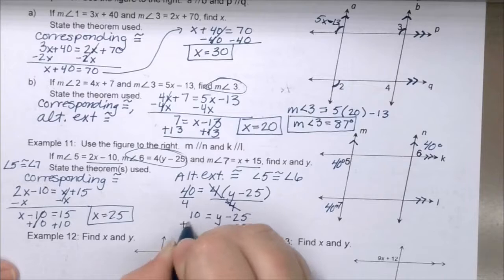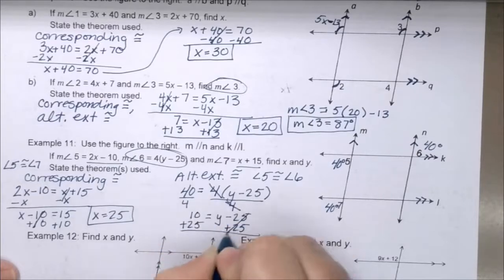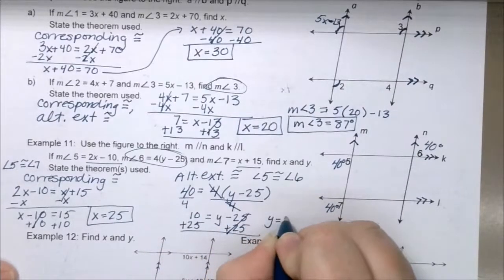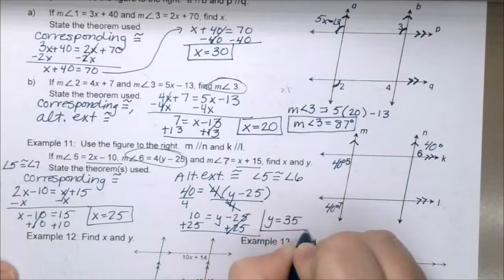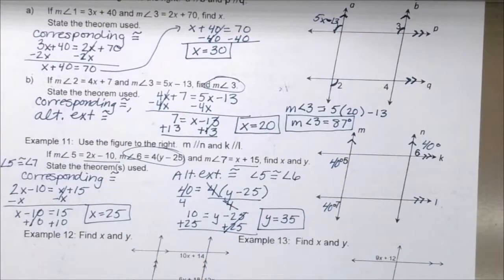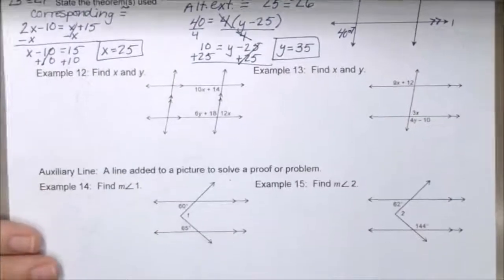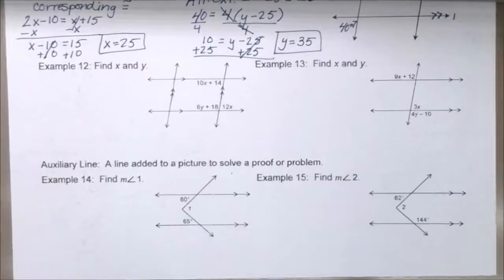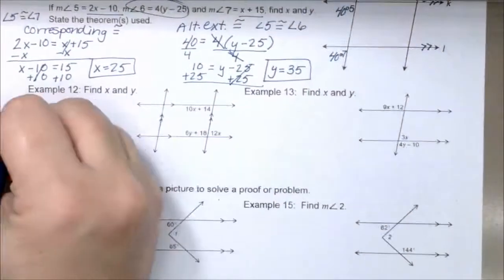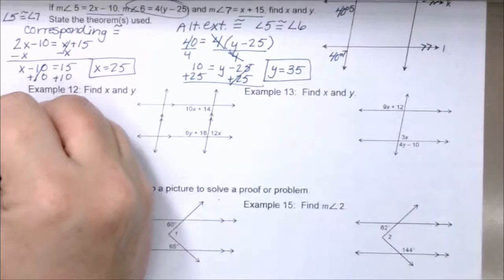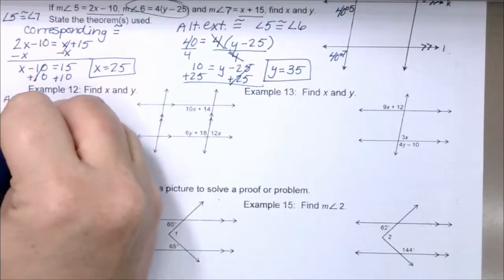So let's see, what about these ones? These ones are supplementary. So if these two are the same, and these two are supplementary, what can I say about those two? Actually, you know what? Let me do it a different way. If this is 9x plus 12, 9x plus 12, so using vertical angles are congruent.